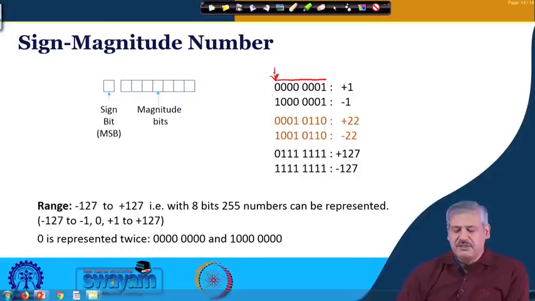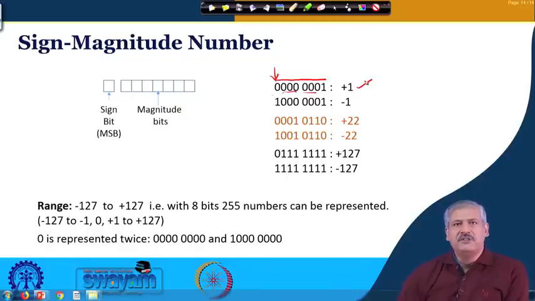This 0 means it is positive, and the rest are all 0 and this is 1. From the previous class discussion, we know that this gives a magnitude in binary which is 1 only, because it is the unit place, 2 to the power 0 multiplied by the coefficient 1, and in the rest of the cases the coefficient is 0. So, this is plus 1.